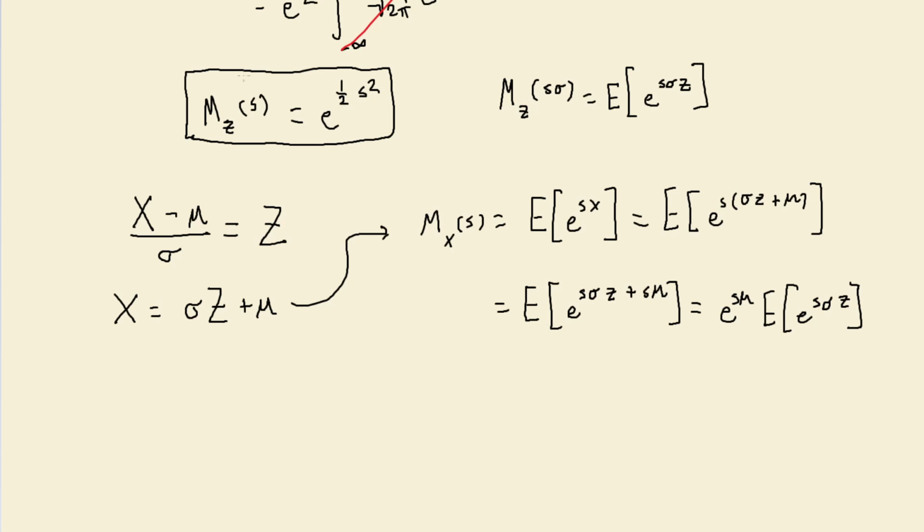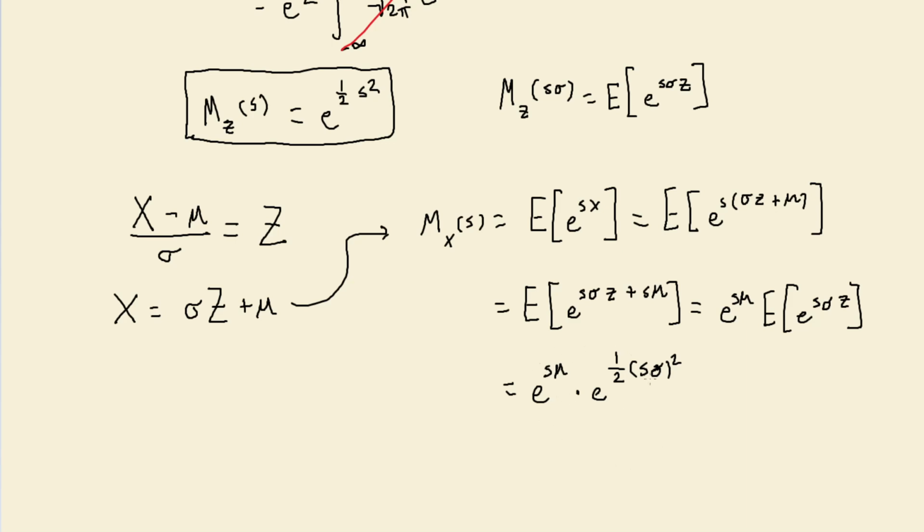And so we can just plug s sigma into the moment generating function that we have for the standard normal distribution, and we get that our answer is e to the s mu multiplied by e to the 1/2 s squared sigma squared.